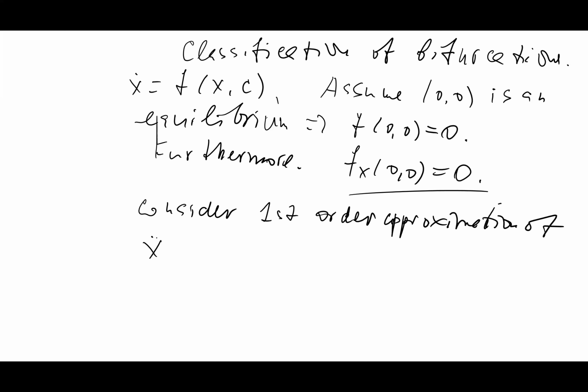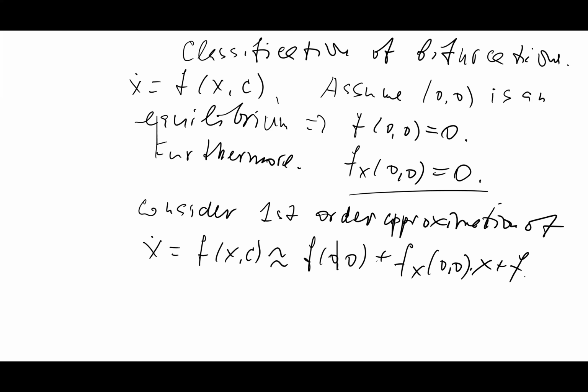So x dot, which equals f of x, c, would be approximately f at (0, 0) plus the derivative of f over x at (0, 0) times x plus the derivative of f over c at (0, 0) times c. Now, we know it is an equilibrium, so this is 0. This is a non-hyperbolic equilibrium, so this is also 0. Therefore, x dot is roughly the derivative of f over c at (0, 0) times c.